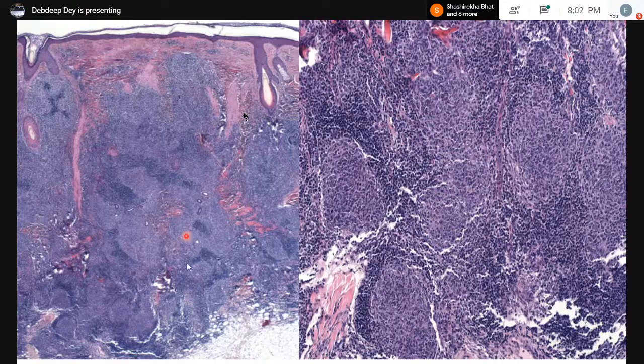So you have this very extensive, dense lymphoid infiltrate composed of coalescing follicles. At high power, the follicles are without a polarization zone. There are no tingible body macrophages.